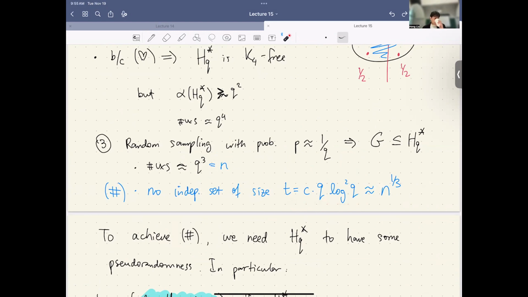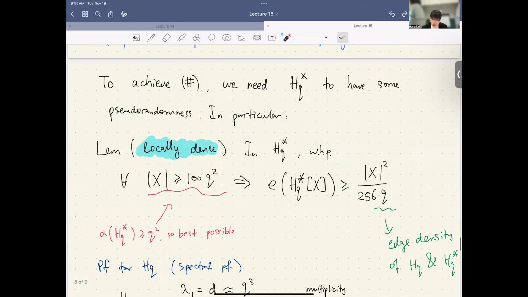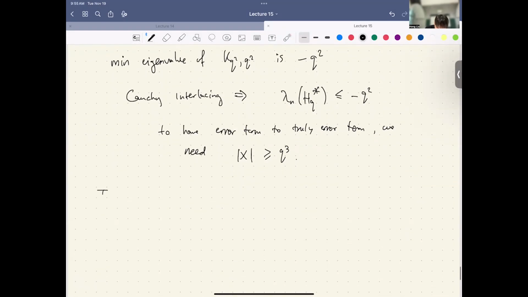So this is the very last step where we use the container theorem. So we will use the container theorem to achieve star. To obtain that, what this means is alpha of G is less than T, right? This T is some constant times Q times log Q squared.